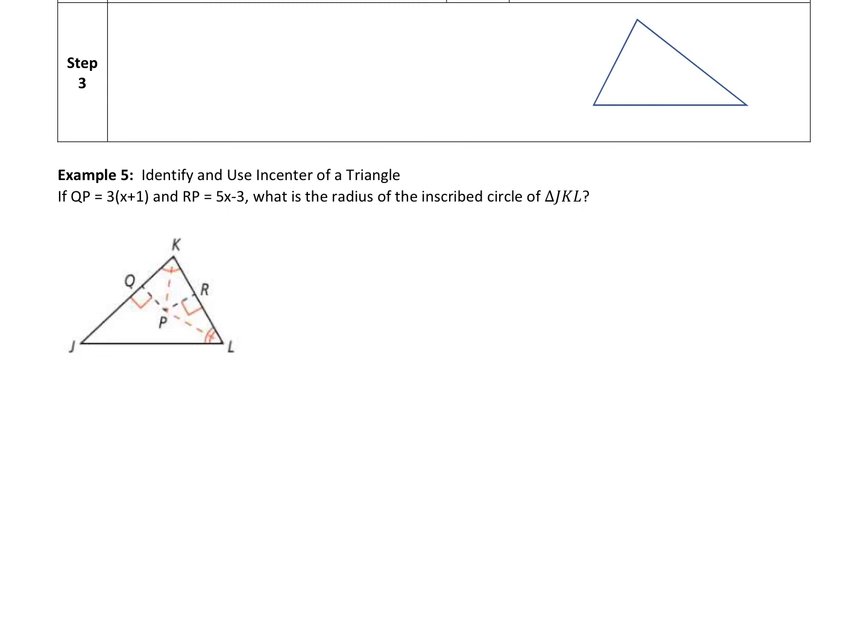Why don't we make notes of some of these? KP and LP are angle bisectors. So where they meet, that is the incenter of the triangle. They meet right here. That is the incenter.